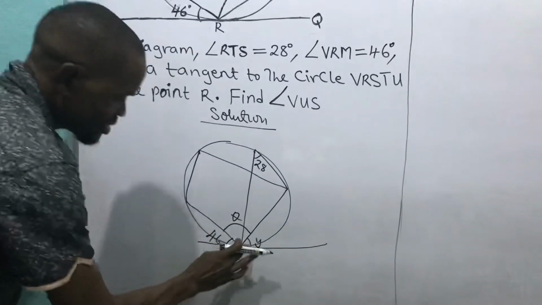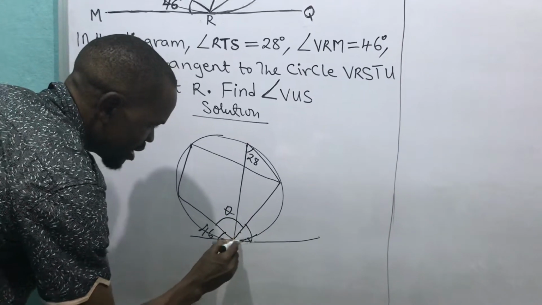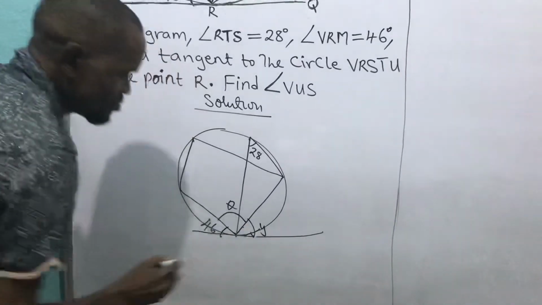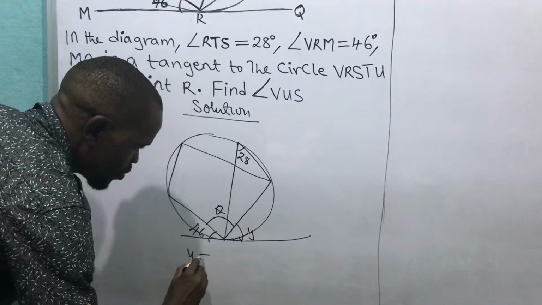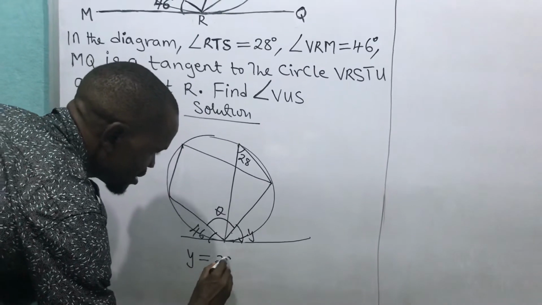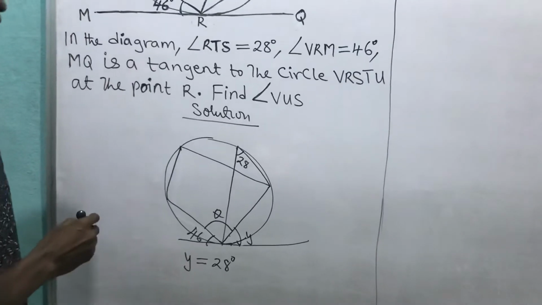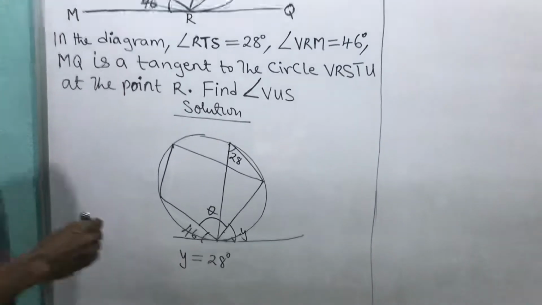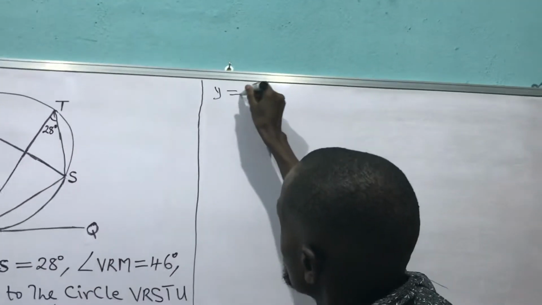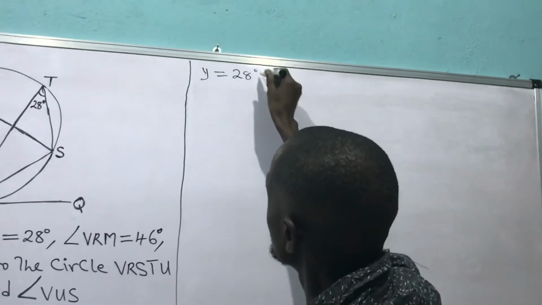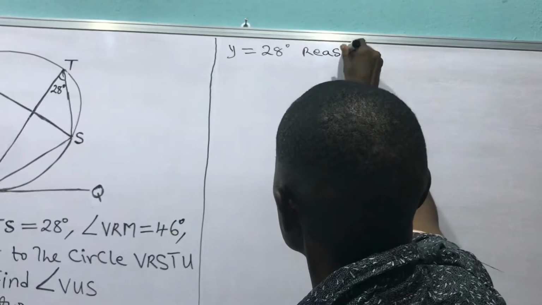Then looking at this angle, I call this angle Y. I can now say that Y is equal to 28 degrees. Reason. Let me start with that. Reason means who says that?